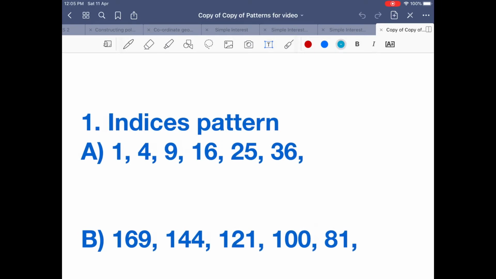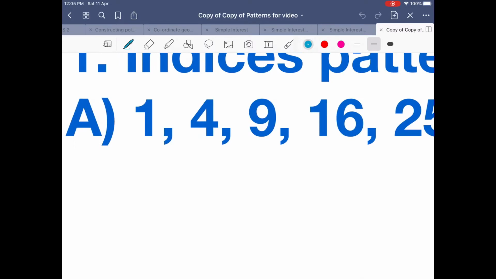We have the numbers 1, 4, 9, 16, 25 and 36. So this here is 1. This one is 1 squared, which is equal to 1 times 1.